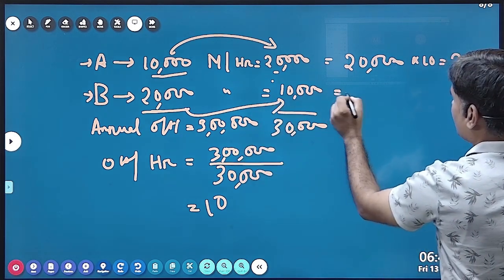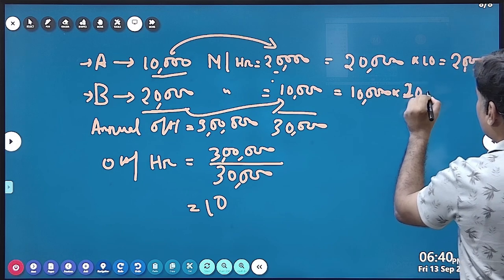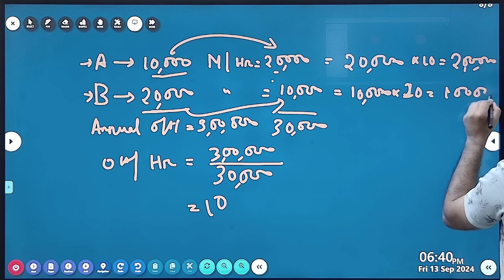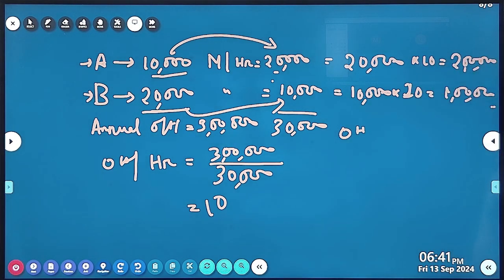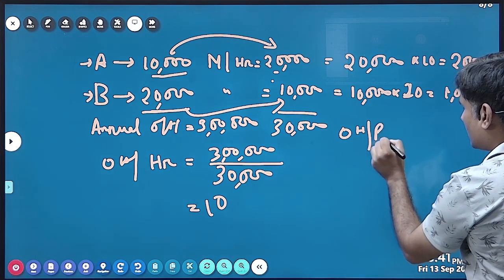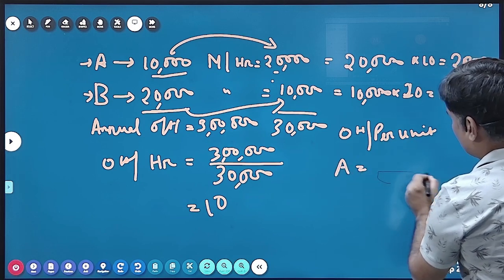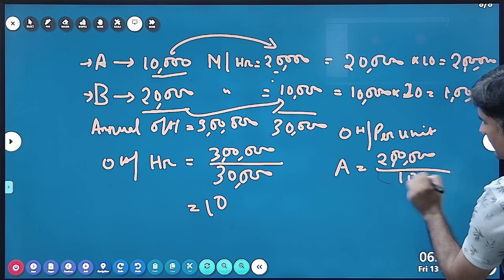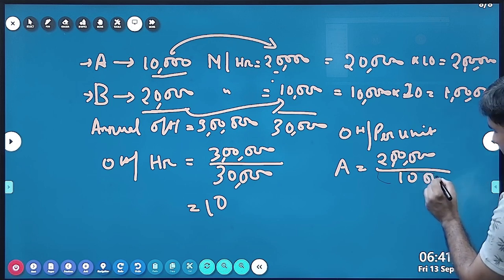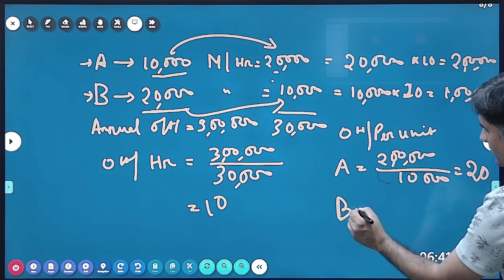For B, 10,000 into 10 will be 1 lakh. So we got the total overhead. Now overhead per unit. Per unit you calculate. For A it will be 2 lakh divided by 10,000, which is 20. Visible, no? For B it will be how much?